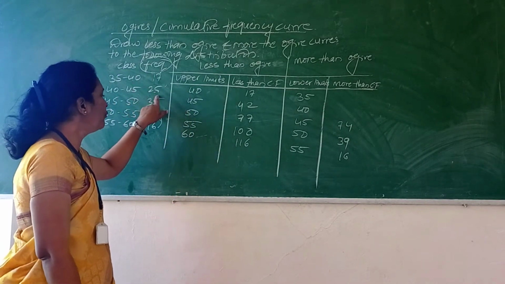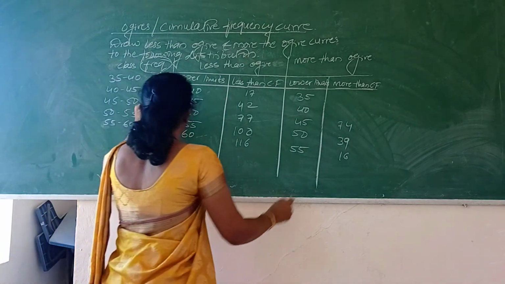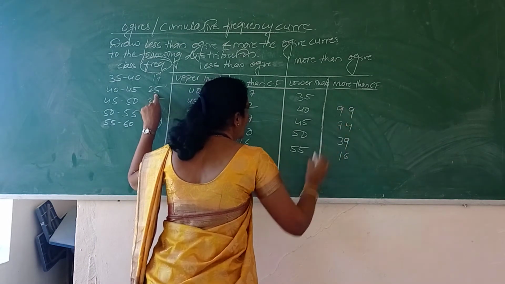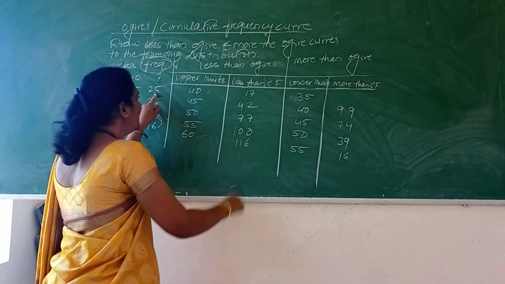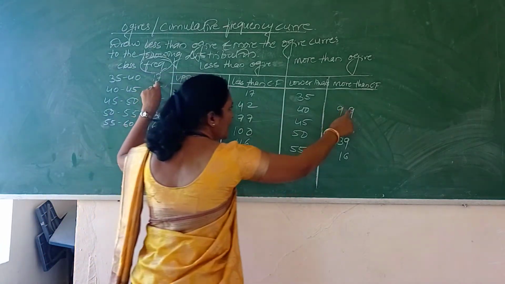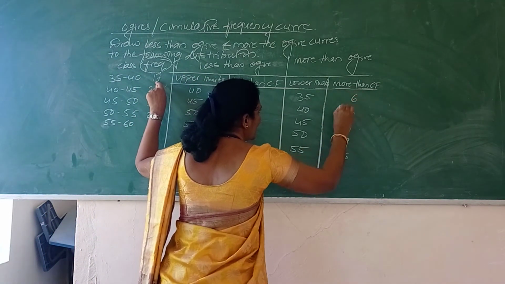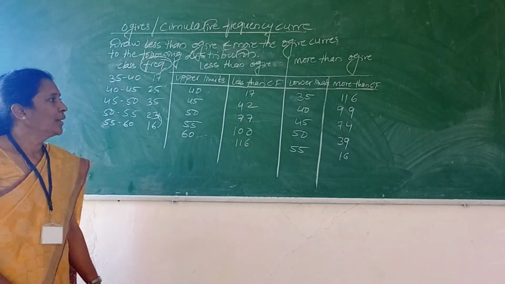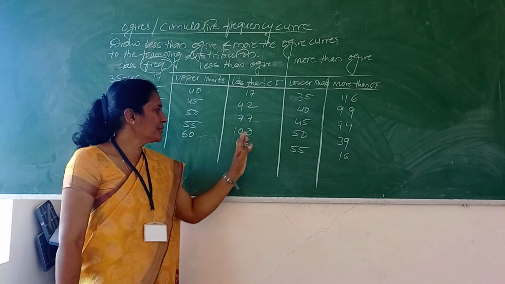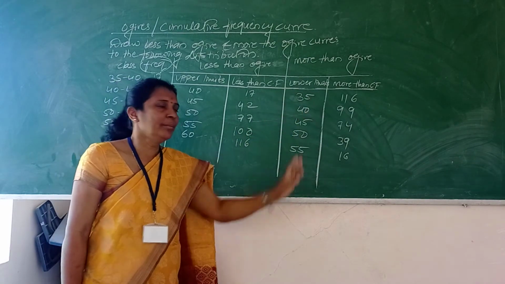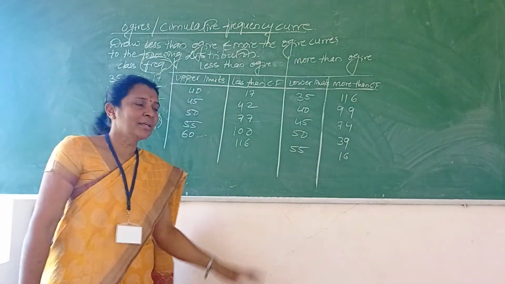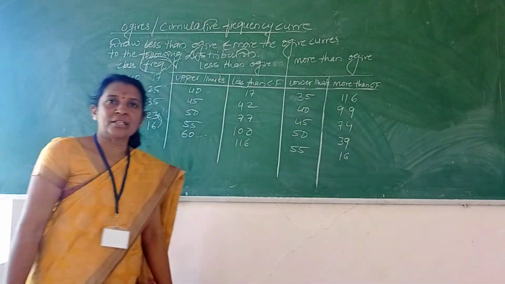Then 74, you add 25, that is 99. For 99 you add 17, that is 116. So your last value, the ultimate value, will be the same here: 16 at the bottom and the topmost 116 and 160.